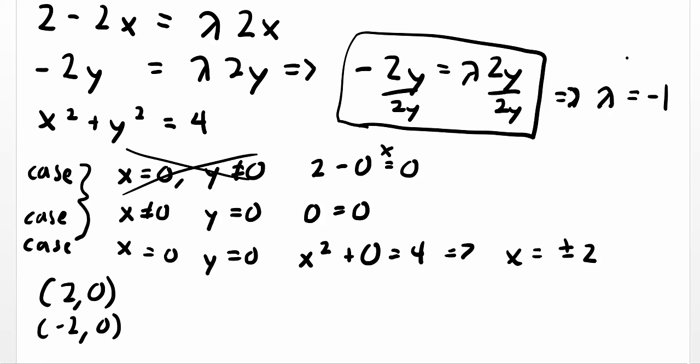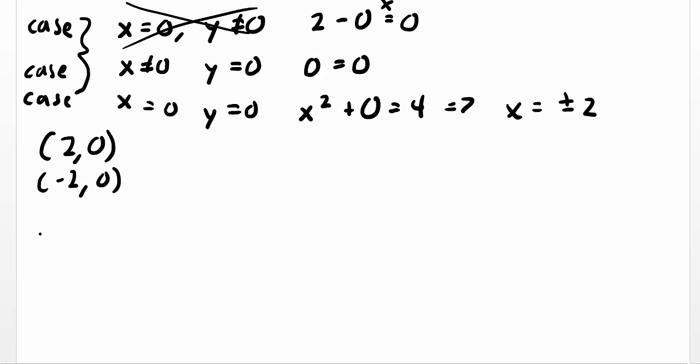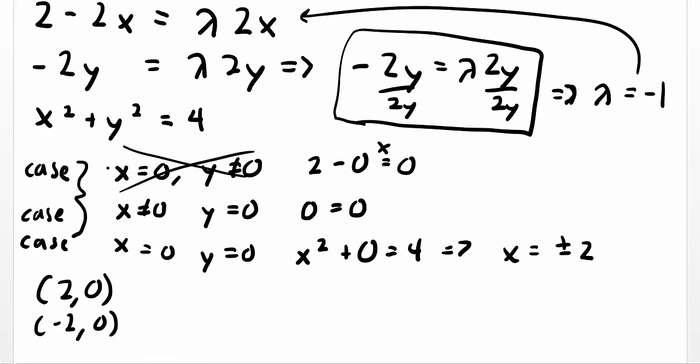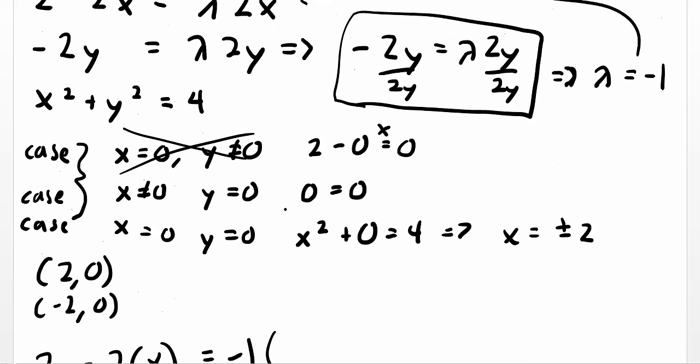Now, oftentimes you don't ever actually find out what lambda is. In a few problems you will, like this one. So let's take this lambda and plug it back into the first equation to try to solve for x. So we'll get 2 minus 2 times x equals negative 1 times 2x.